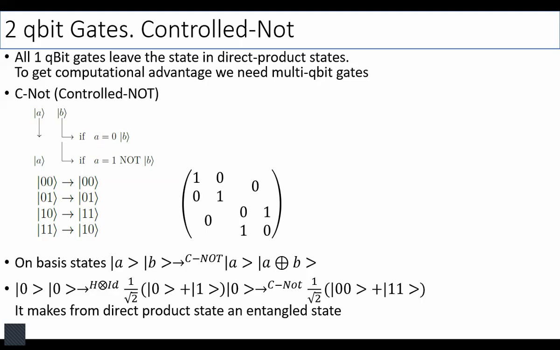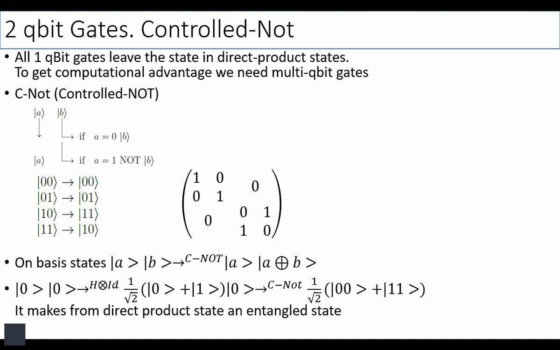CNOT acts on two qubits, so I don't need to write tensor identity here, because this is already an operation on two qubits. Then it will move 0,0 to 0,0, and 1,0 to 1,1. So this would be the state, and such a state is not a direct product state.